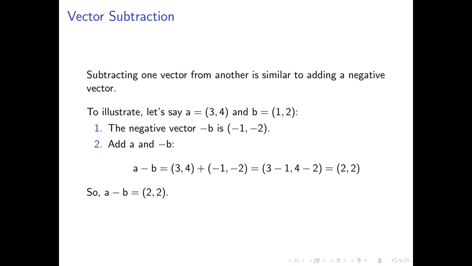So this is going to be x comma y, and this is maybe x2 comma y2. Okay, so we have vector A to have coordinates 3 and 4, vector B to have coordinates 1 and 2.